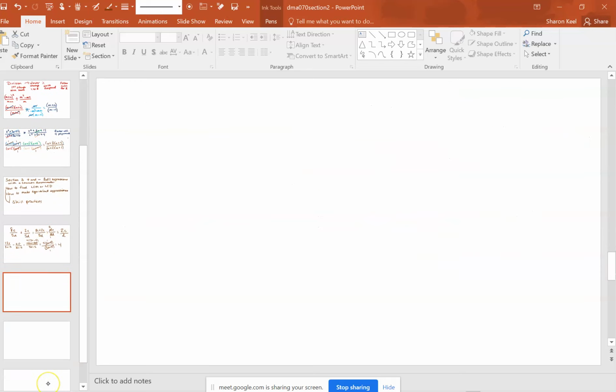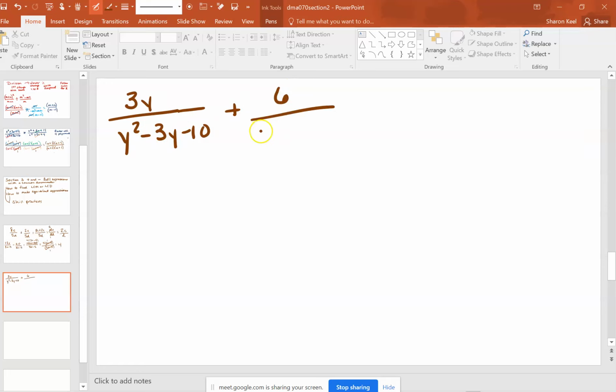Okay, let's do one more practice like this. Let's say we have 3y over y squared minus 3y minus 10 plus 6 over y squared minus 3y minus 10. So we have the same denominator, but what I need to do here, this is a 3y plus 6. What I need to do here is I need to factor this.